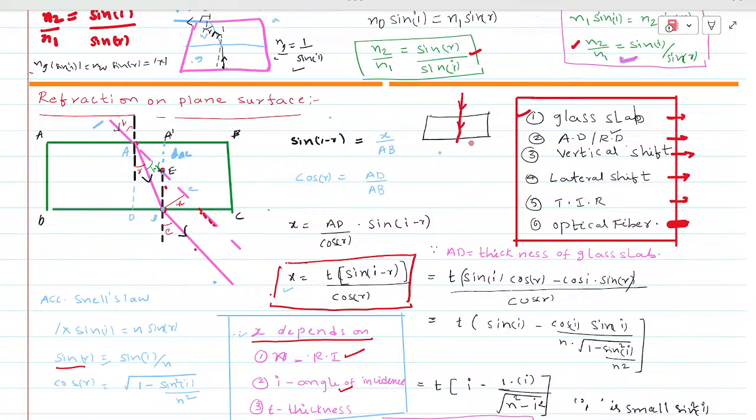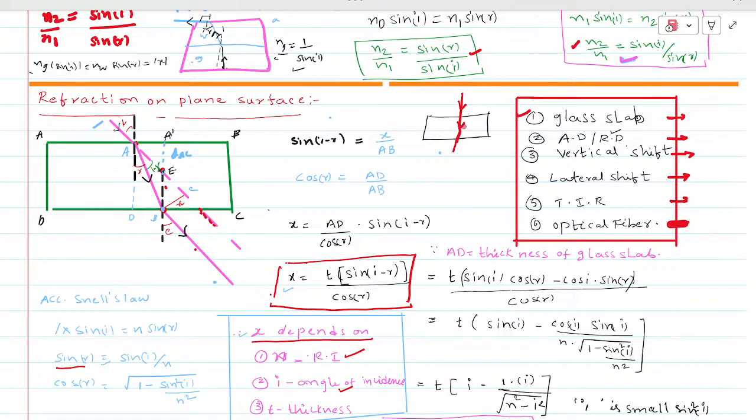In the perpendicular direction, no refraction takes place because there is no deviation. According to the definition of refraction, at the interface there must be deviation, then the light is said to be refracted.